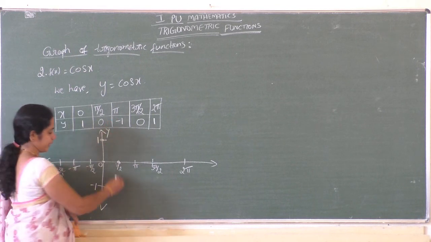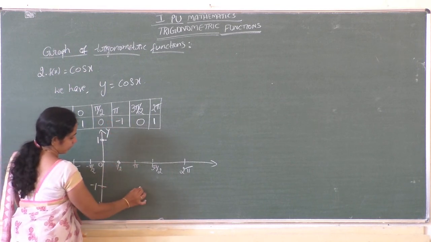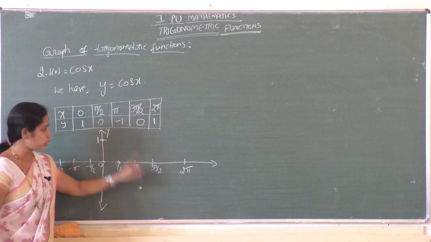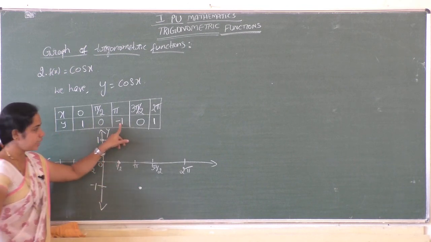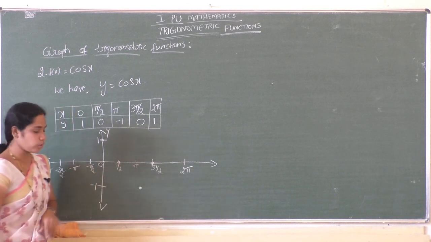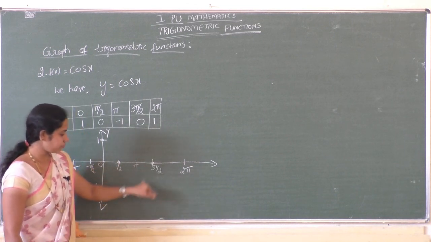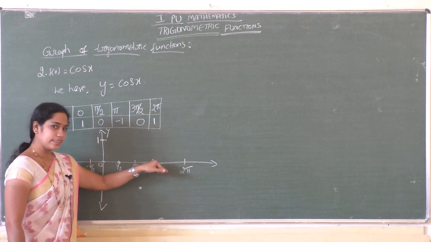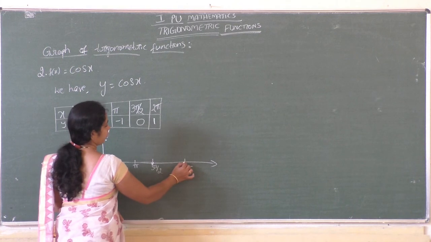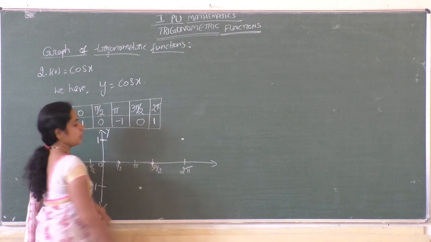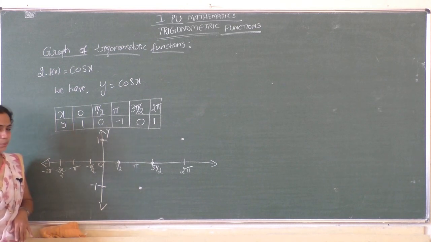Now cos pi is -1, again decreasing from 0 to -1. Then cos 3 pi by 2 is 0, increasing from -1 to 0. Then at 2 pi it is 1, again increasing from 0 to 1.